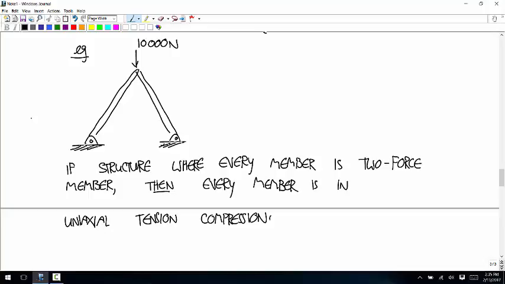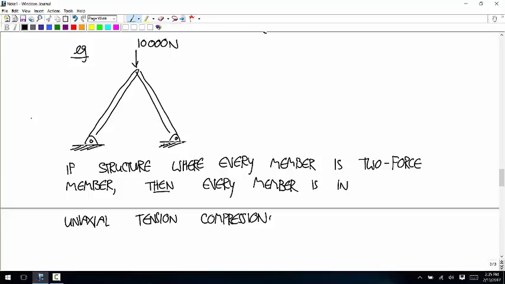So this one over here has a force vector applied at the pin and a force vector applied at the top. It actually has a force vector applied by this one and a 10,000 Newton force, but since they're in the same place, that ends up adding into a single vector. If you included the weight of the members, there would be a third force acting at the middle, and then it wouldn't be a two-force member, and you can't use this simplification.